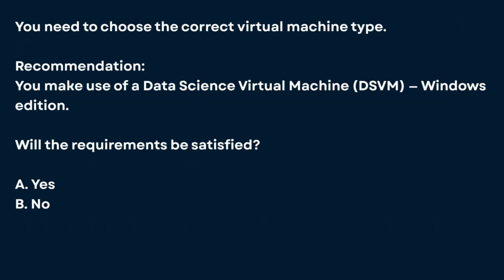You need to select the correct virtual machine type. Recommendation: you make use of a data science virtual machine, also known as a DSVM, Windows Edition. Will the requirements be satisfied? The answer options are A. Yes. B. No.